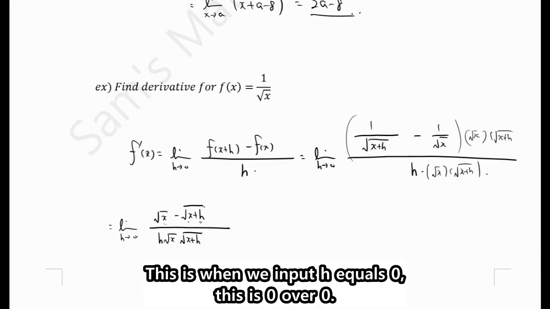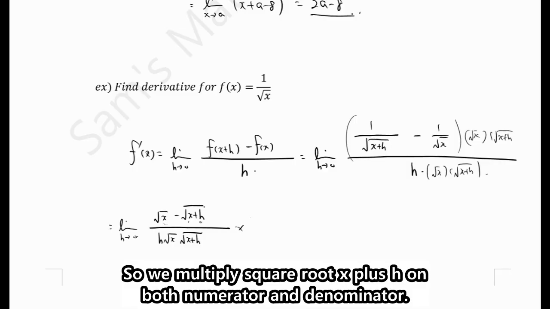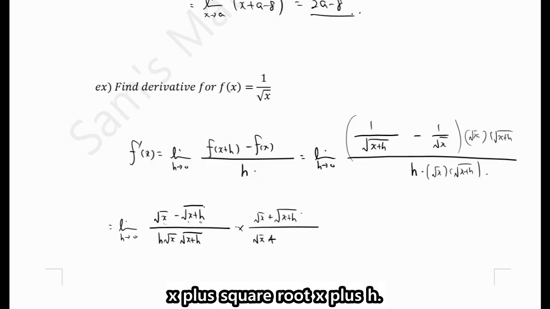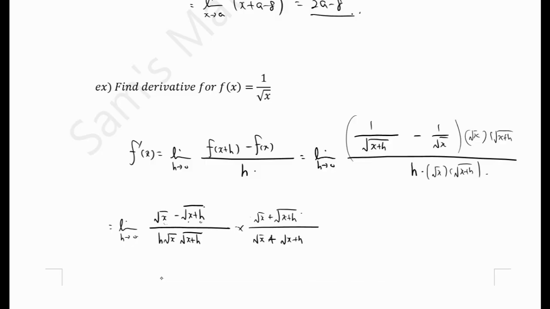When we input h equals 0, this is 0 over 0. So we multiply square root x plus square root of x plus h on both numerator and denominator.